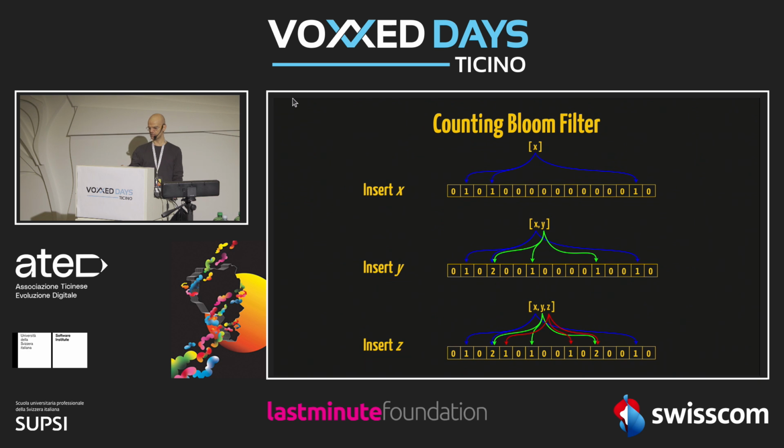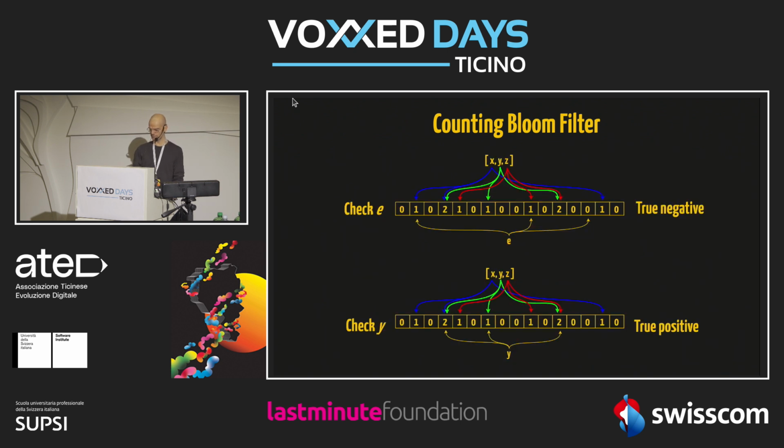So in this case, we insert x, we increase the value from 0 to 1 for x, then we insert y. The first hash function of y maps to the value that was already set to 1 by the first element, by x, and so we increase it to 2. And the same goes with z, and we go on and increase the numbers.